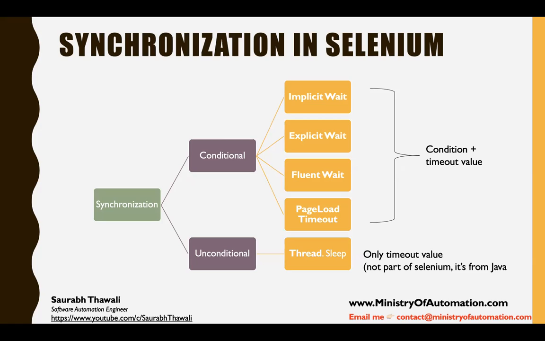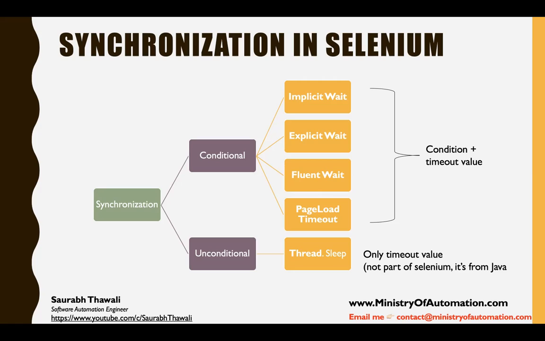Now in conditional, because it says conditional, definitely there has to be some condition, right? And of course, there will be a timeout associated with it. So there are two things: one is which condition, and the next is how much time, correct? Now there is an implicit wait, an explicit wait, a fluent wait, and the page load timeout. The first two are very important, and most of the time you will use only those first two.